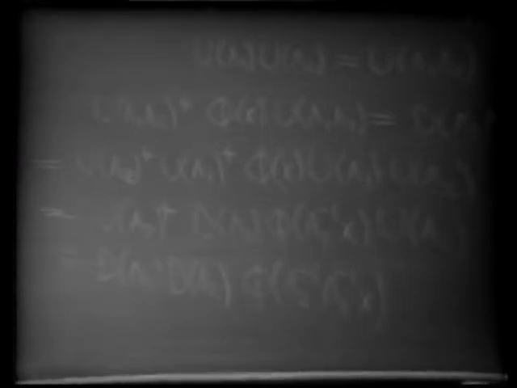There's also a condition needed if this is to be a representation. That's obvious: D of 1 equals 1. The Lorentz group is called by its friends SO(3,1). That makes it sound like a very difficult problem, but as we'll see, it's a very easy problem.